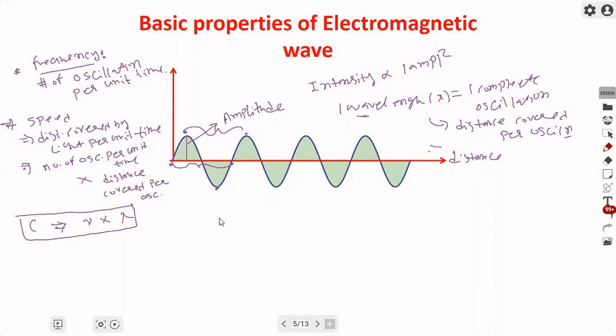By the way, sorry, I forgot to tell you one thing. Another relation is the wave number. Wave number is the number of waves per unit length.